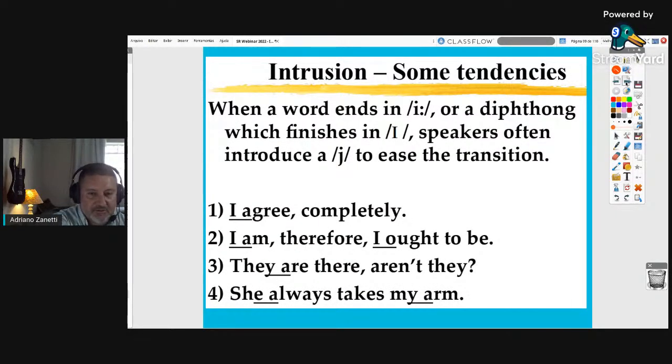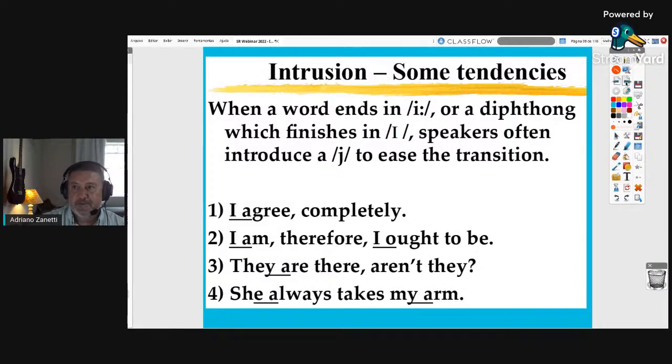This is not something which I believe is very problematic because we do it more frequently than not, more often than not. So I agree, it's already there. We don't struggle with that. I am, I ought to, they are. So I don't think this is a huge problem because I believe in most languages, this is the tendency.